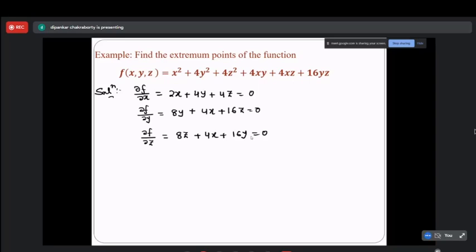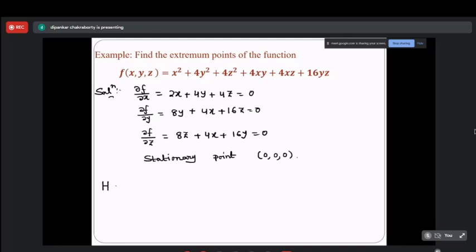Exactly, because this is a homogeneous system of linear equations, so obviously the solution is going to come as 0, 0, 0. So here the stationary point is (0, 0, 0).